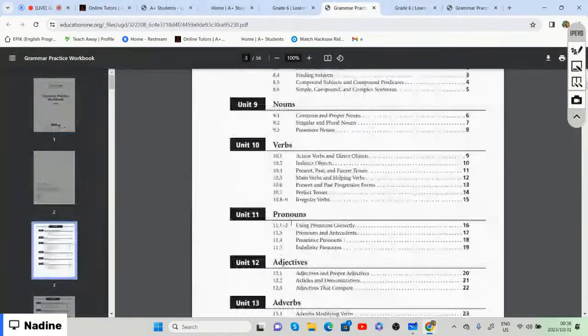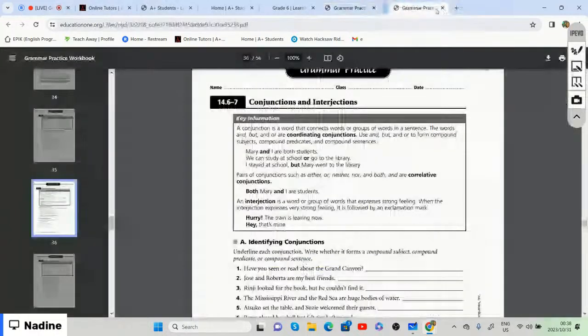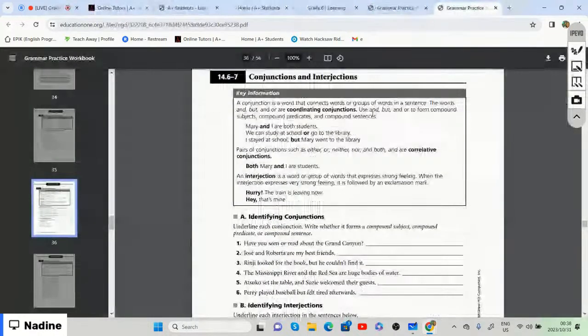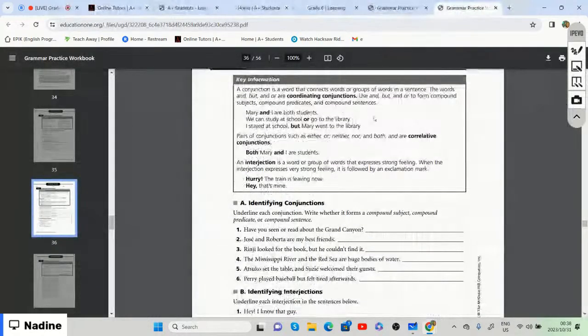And then we're going to scroll down until we get to page 32, which is conjunctions and antecedents, page 32.